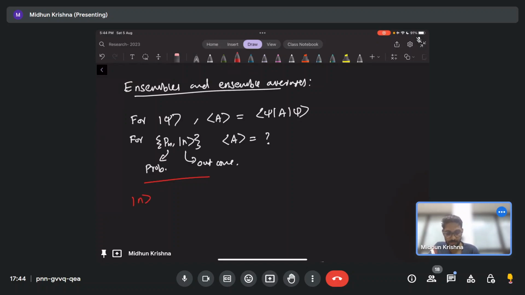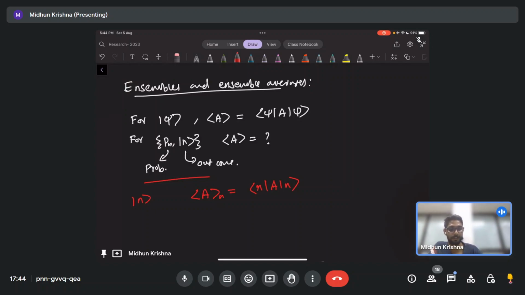What is the expectation value of this operator A in the state n? This is the definition, right? What is the expectation of this observable A when I have the state n? Yeah.